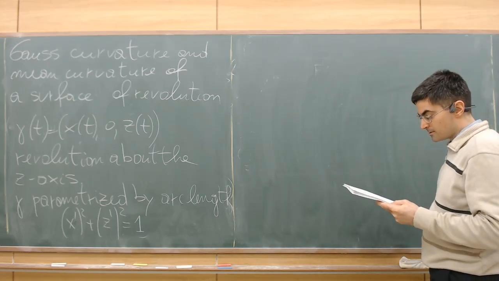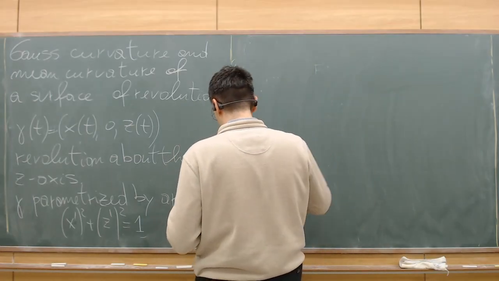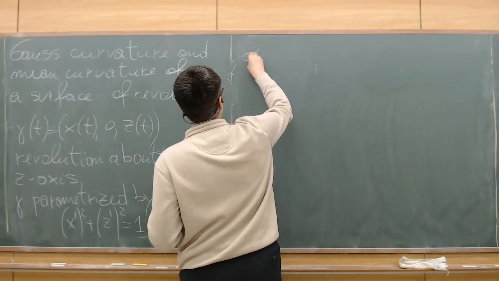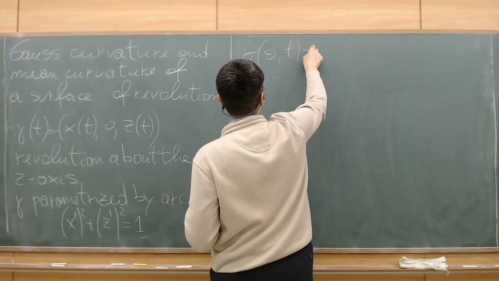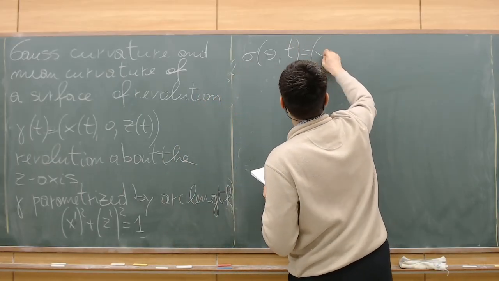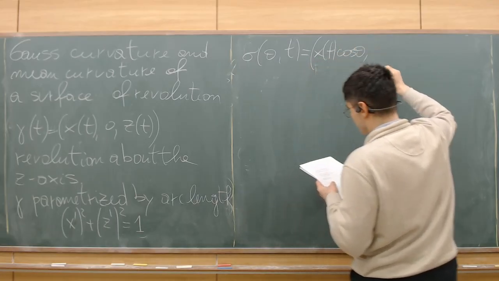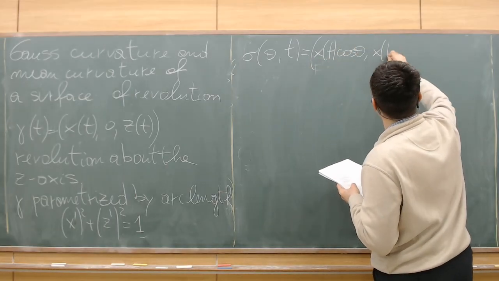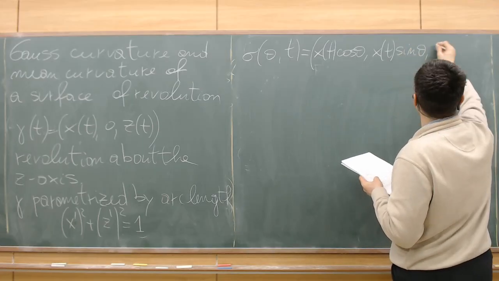In this case, the surface patch is this, sigma of theta, t equals x of t cosine of theta, x of t sine of theta, z of t.